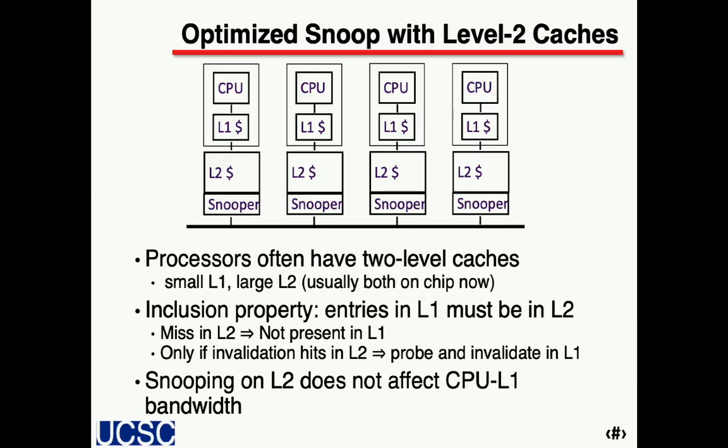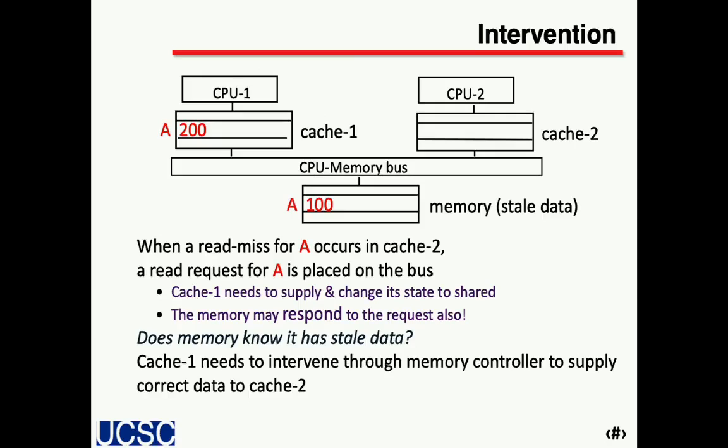So to kind of see that play out, here we have a really simple example where we have one CPU that had data, we read address A, and it got into the modified state, and so this data is now different than the one in memory.